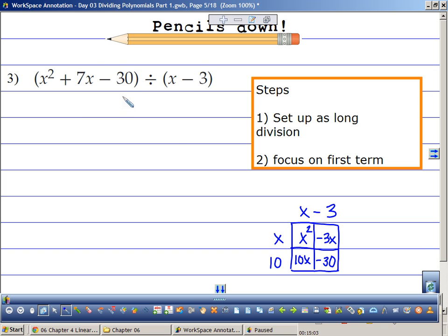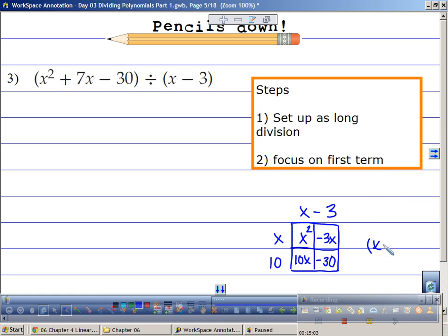So this answer is going to be, right? It seems harder. Okay, so that's it. That's the answer.